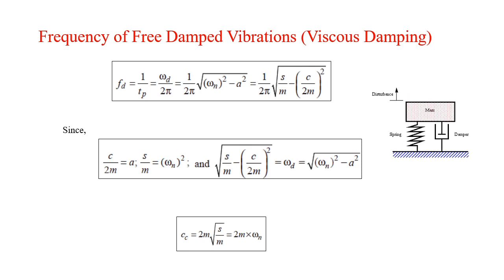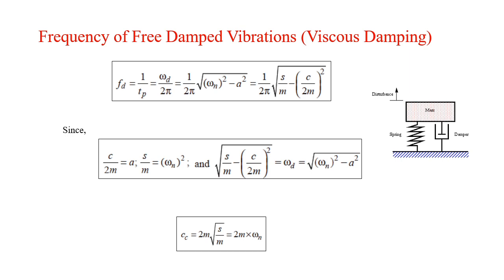So we have got the formula for the natural frequency of damped vibration as fd is equal to 1 upon 2 pi square root of omega n square minus a square, where omega n is equal to square root of s by m and a is equal to c by 2m, and Cc is the critical damping coefficient.